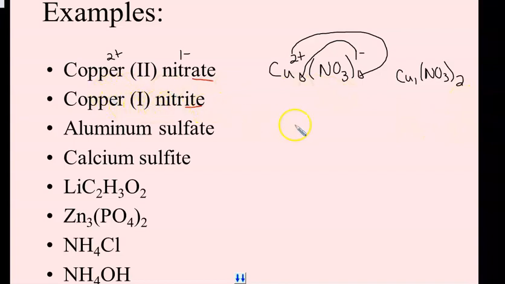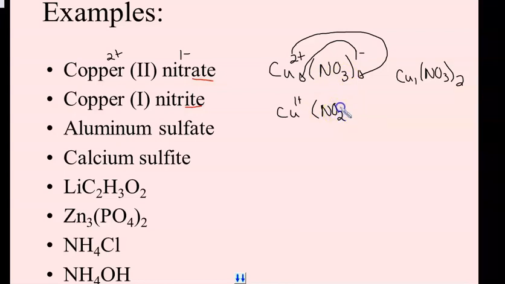So now I have copper(I) nitrite. I want to show you this one. I could have used copper(I) nitrate as well, but I wanted to show you this. So this is a +1. If I look on the periodic table, nitrite, you'll notice, if you learn the ATE, the ITE is 1 less oxygen.